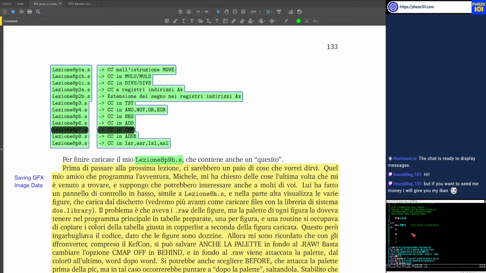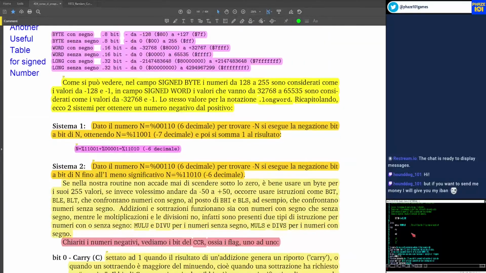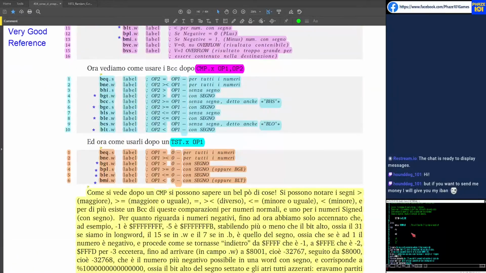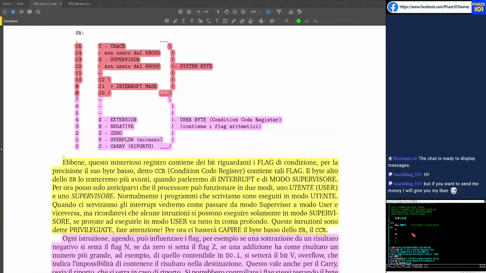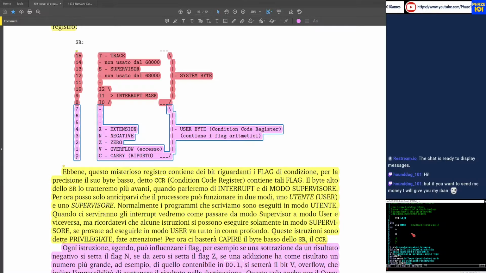Today we're going to be stuck on this page, or on this screen. This is the theory book, and we last met two weeks ago, because last week there was no stream. Two weeks ago we talked about the condition code register, and we talked about these 5 flags, bit 0 to bit 4.